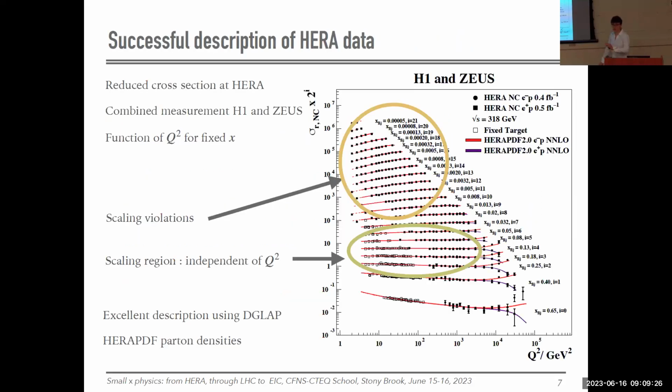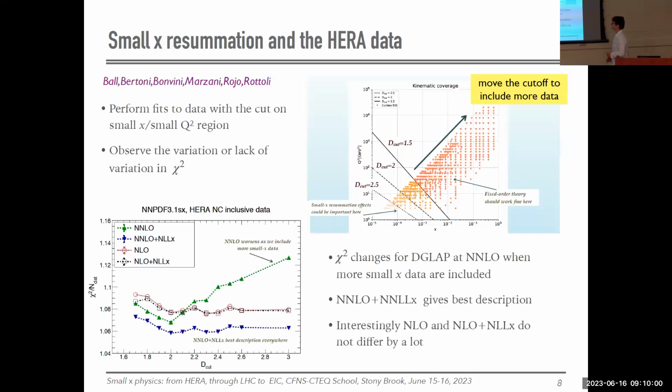Okay, so going back to the inclusive processes, right? Structure functions, we've seen this plot yesterday. These are HERA data as a function of Q squared for different x's. This is the reduced cross-section, combined measurements, with an excellent description by DGLAP. So the question is, can one look at inclusive structure functions, and are there any small x effects visible in these inclusive structure functions?